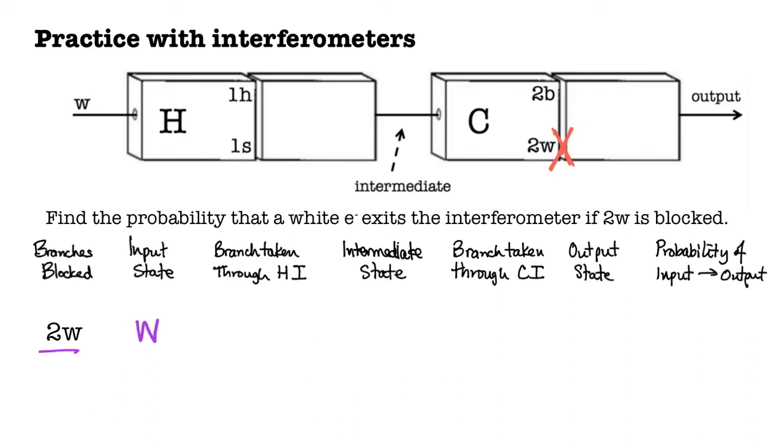Okay, what branch is taken through the hardness interferometer? Well, we don't know, because it's an unblocked interferometer. So the electron took a superposition of both paths.